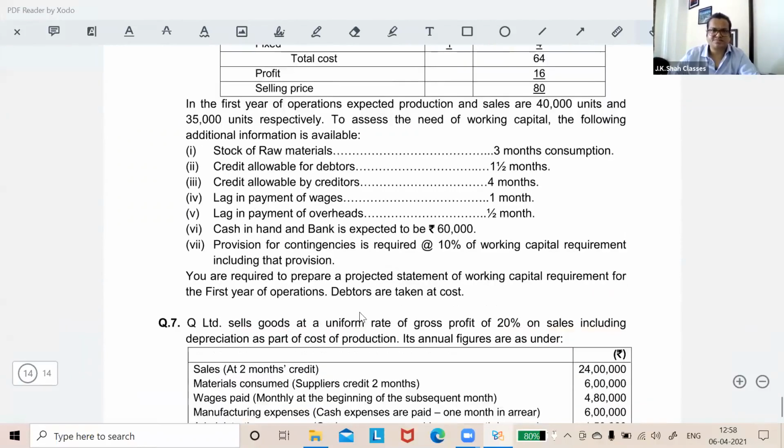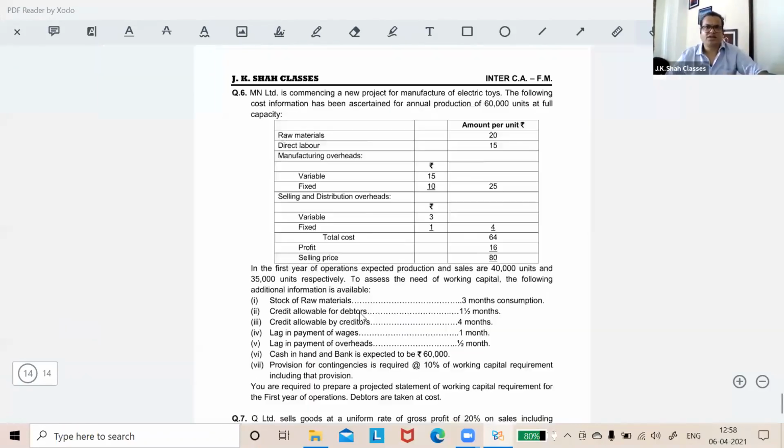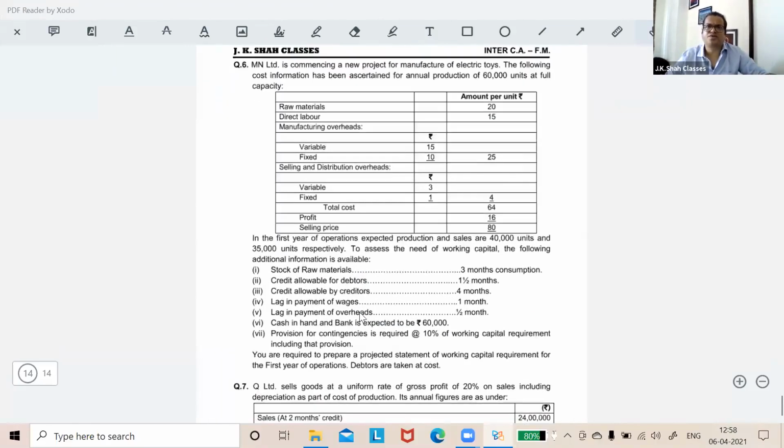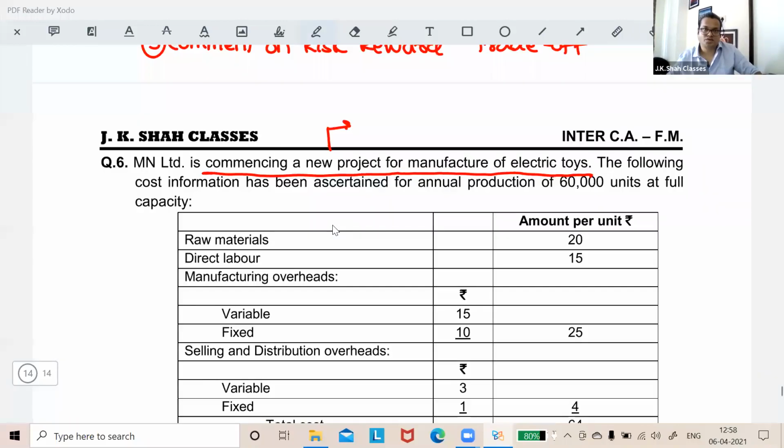Question number 6. See, again, MN is commencing a new project for the manufacture of electrode products. Then you know that if it is a new project, all opening stock is equal to what? Correct? Okay, fine.